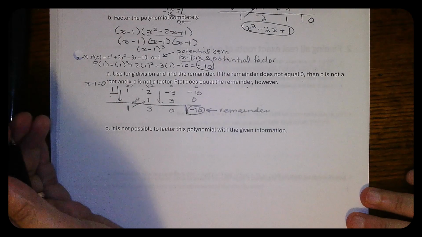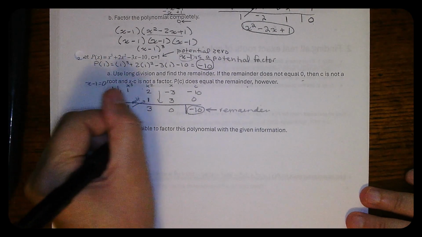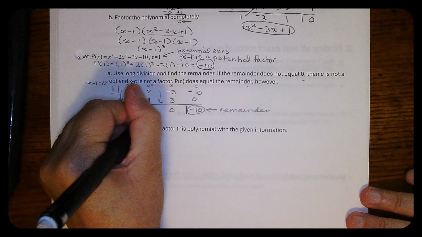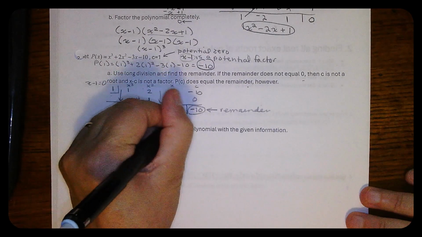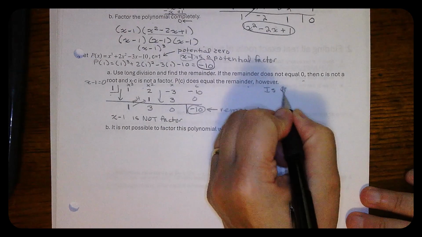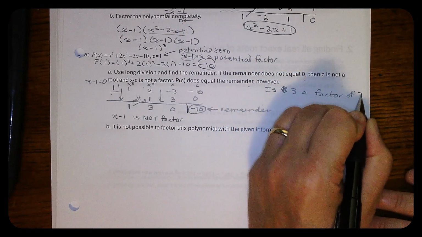All right, now what does that tell me about x minus 1? Tells me that since we don't have a remainder of 0, it's not a factor. So it's kind of like if I were testing, is 3 a factor of 7?